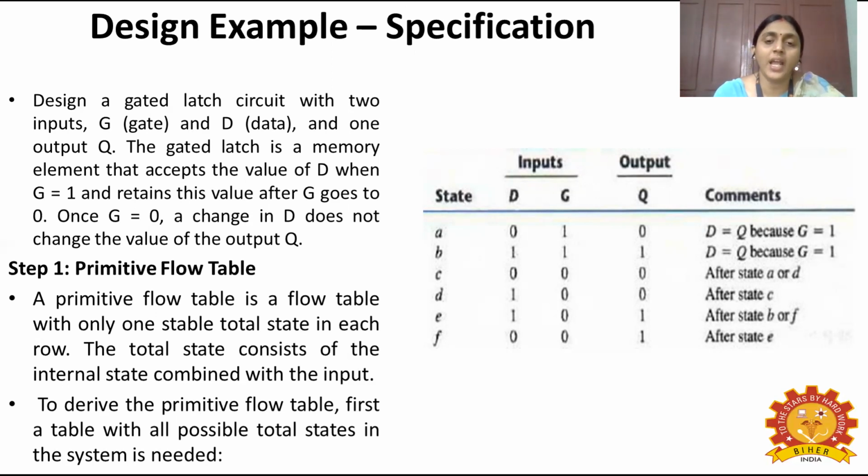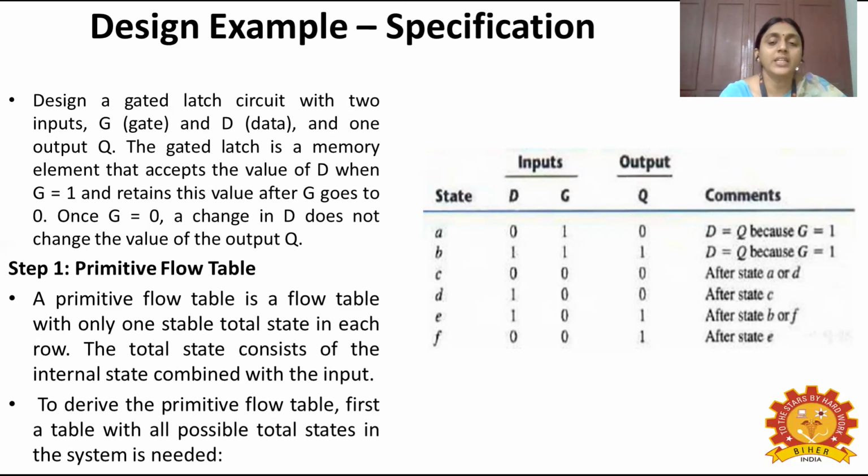State A represents when data D is 0 and the gate input is 1, then the Q value is 0. The next state B represents when data D is 1 and the gate input value is 1, then Q will also be 1. And now the gate input becomes 0, so now without any change the Q will remain 1.